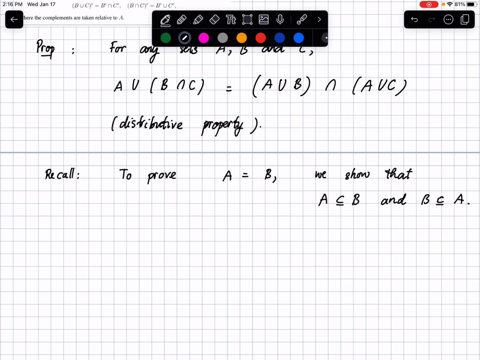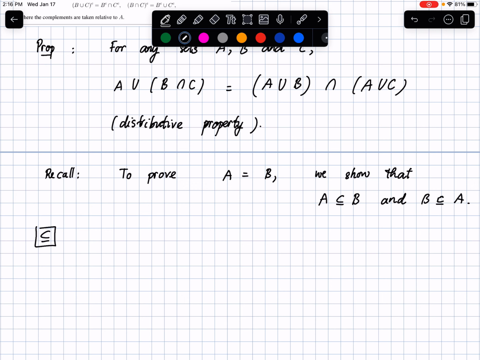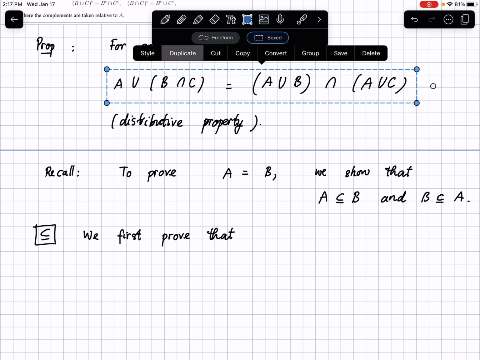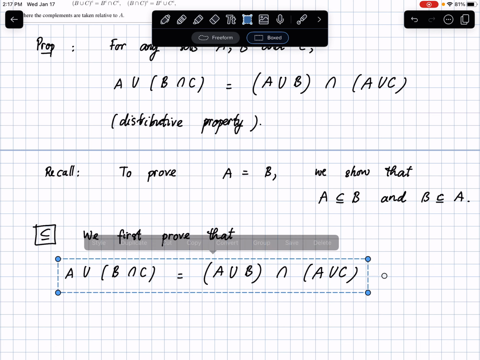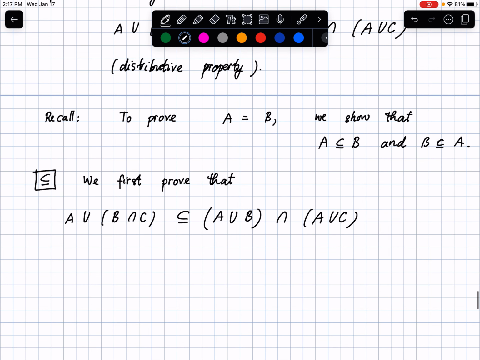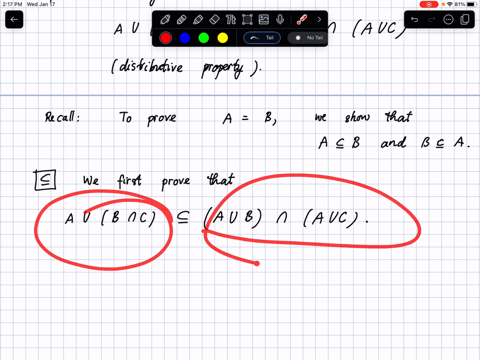So we first show this direction. We first prove that the left hand side is a subset of the right hand side. So how do we show a set is a subset of another one?